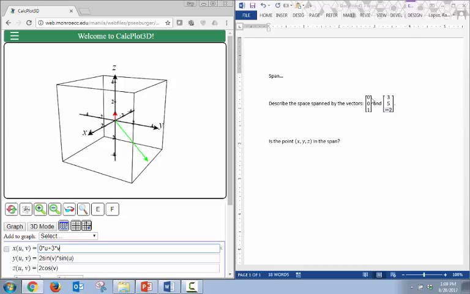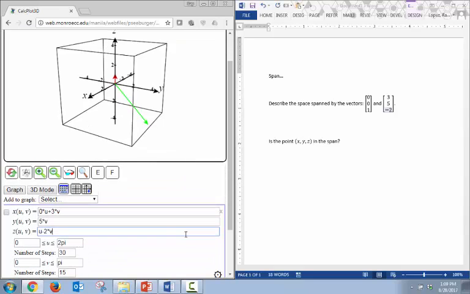They are the first components of those 2 vectors, and that's the X value. The Y value would be 0 plus 5V, and I'm not going to put the 0 there anymore. And then the last one is going to be 1 times U plus, or I'll say minus 2 times V.